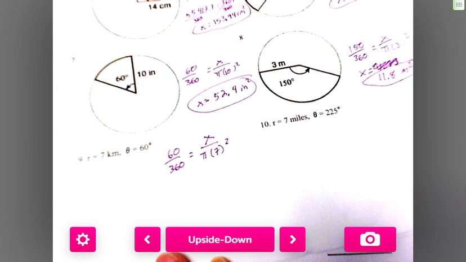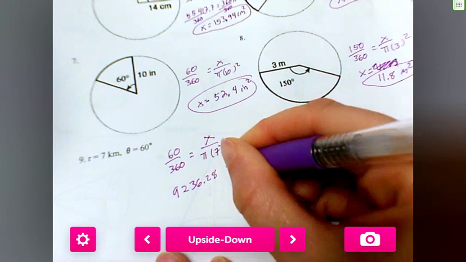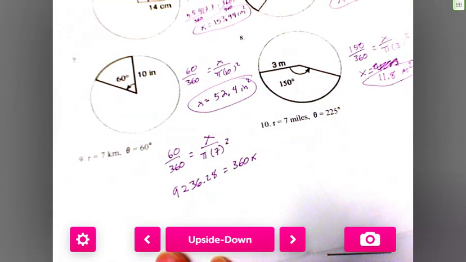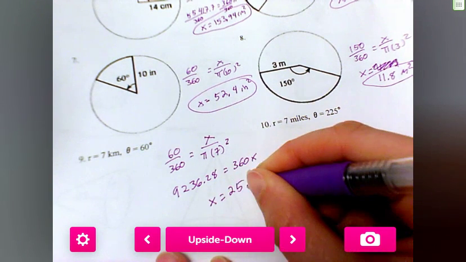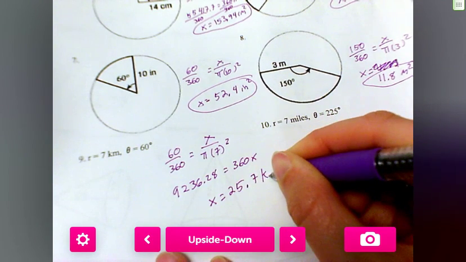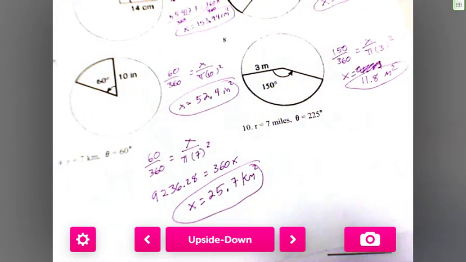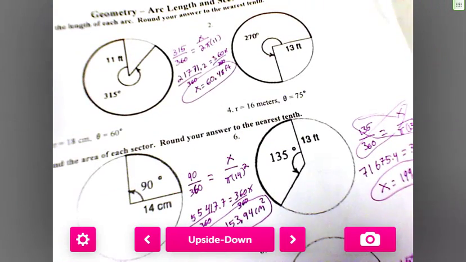Pi 7 squared times 60 gives me 9,236.28 equals 360x. Divide both sides by 360, and I get x equals 25.7 kilometers squared. You guys want to try 10 on your own? I'll do it too. Compare.